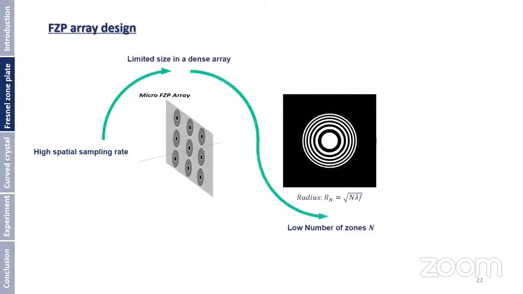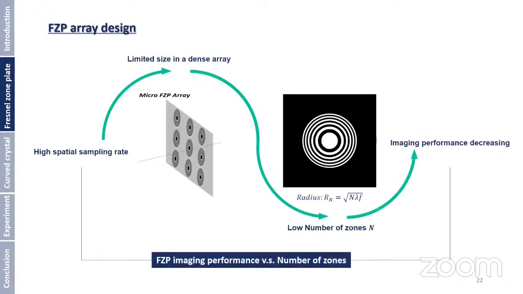For a Fresnel zone plate, the limited size results in a very low number of zones, which greatly reduces the imaging performance. In order to design a dense Fresnel zone plate array with acceptable resolution, we numerically investigate the impact of the number of zones on the imaging performance of the Fresnel zone plate.